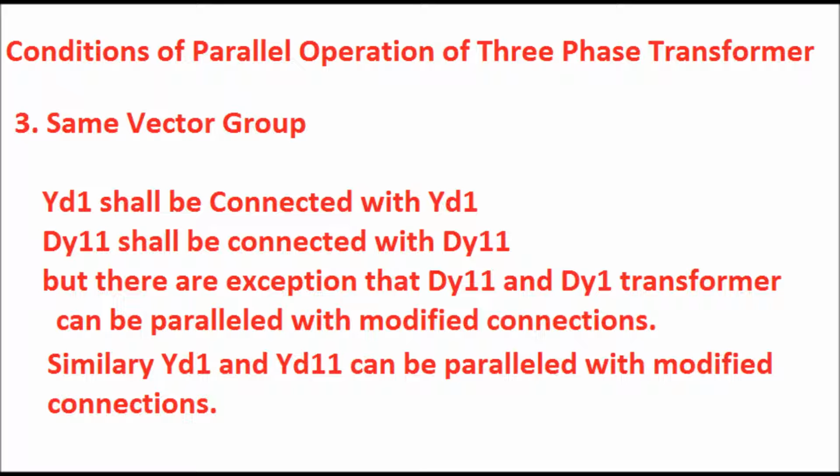But there are exceptions: DY11 and DY1 transformers can be paralleled with some modified condition. That is, by changing the phase sequence of the transformer, we can connect two separate vector groups in parallel. Similarly, YD1 and YD11 can be paralleled with modified connection.